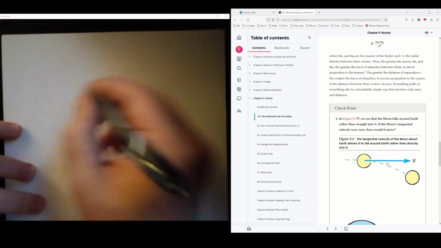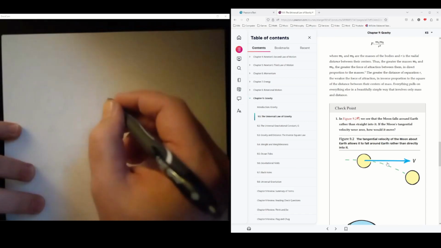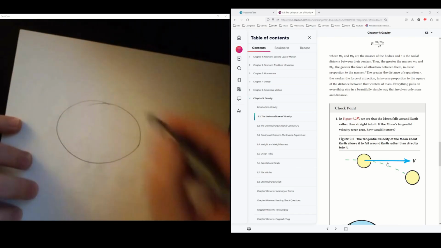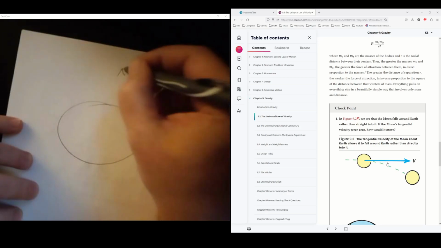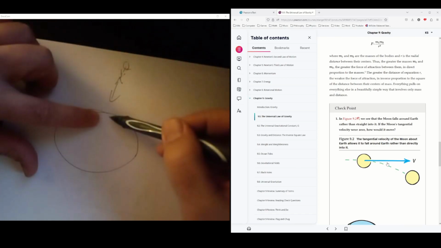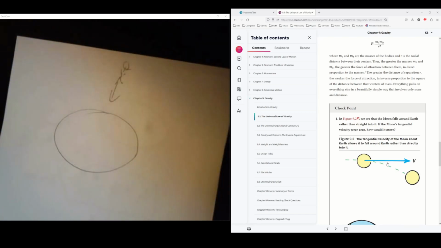And I think there's two scenarios that get mixed up that aren't always clearly explained. If I am just falling towards the Earth like this, well, I'll eventually collide with the Earth. I'm falling towards the Earth, and I will impact the Earth.